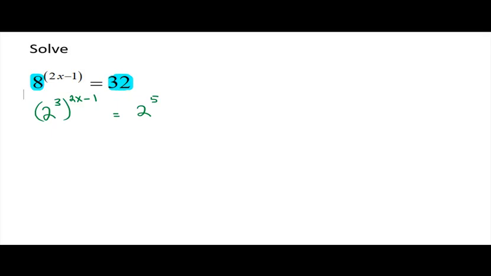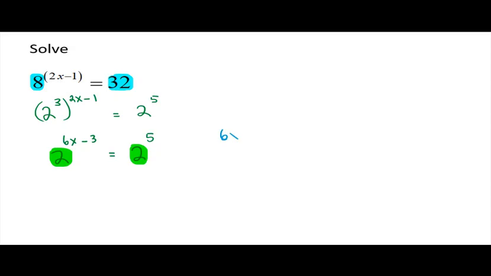Now if I follow exponent rules, I'm going to distribute these exponents, multiply them. So I'm going to get 2 to the 6x minus 3 is equal to 2 to the fifth power. Now that we've gotten the bases to be the same, we can set these exponents equal to each other because they have to be the same.